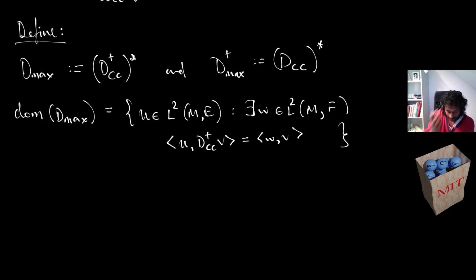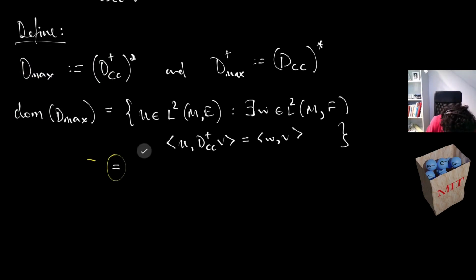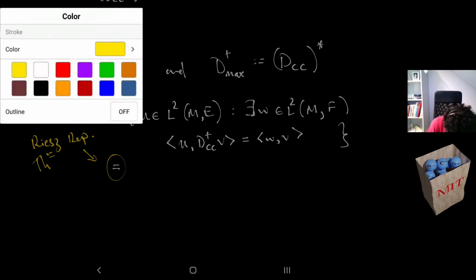So we can understand this again in a slightly different way. We have the Riesz representation theorem to play with in L2, from which what I'm about to write follows.